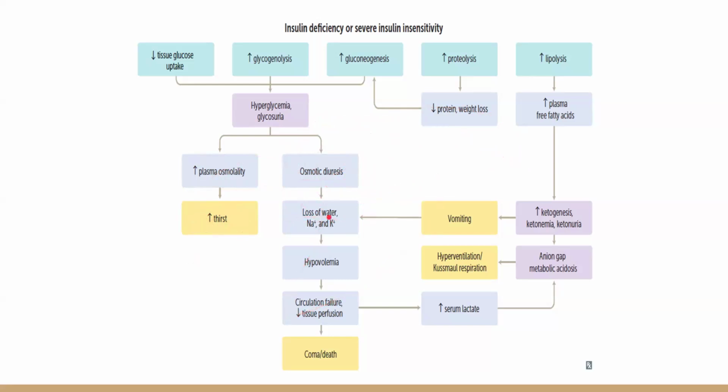You have loss of water. You have loss of sodium because I said sodium ion. Okay, I didn't mention this because we didn't have a separate slide for it, but sodium ion retention is also dependent on insulin, okay? So it does have an effect on kidneys, and one of the effects on kidneys is sodium ion retention. You also have loss of potassium, and that makes sense. We said insulin will cause increased permeability to potassium.